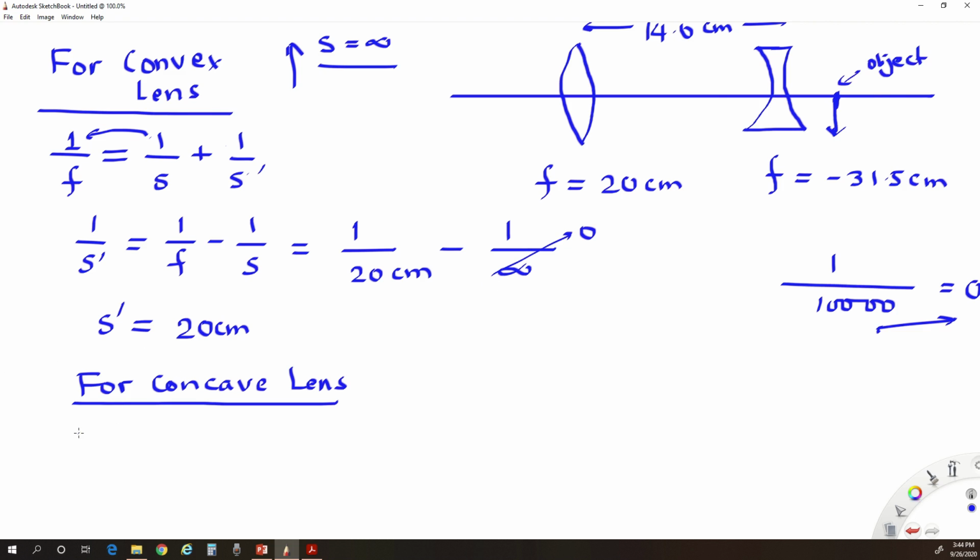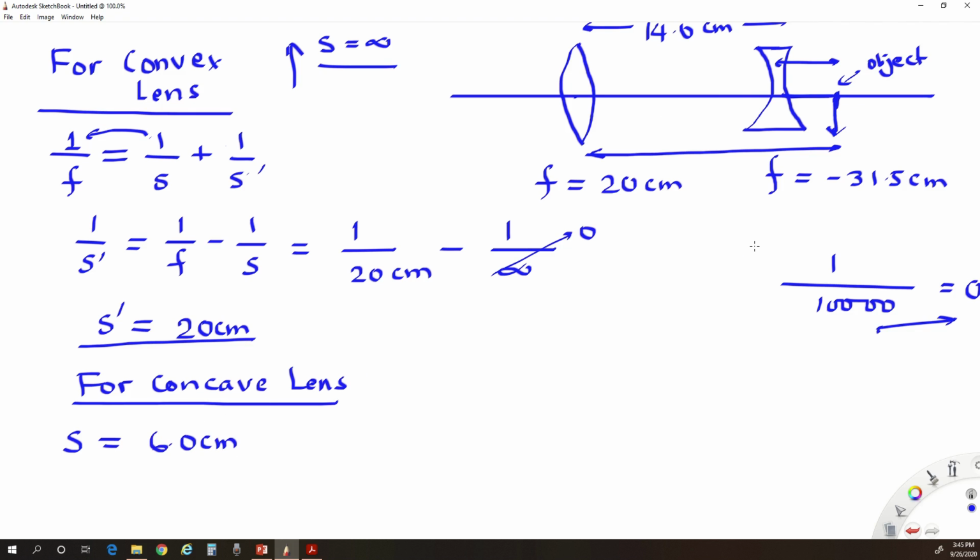That means the object distance would be the distance between the object and the lens. From here to here, we just found that that's 20 centimeters, the image distance of the convex lens. And we also know that the distance between the two lenses is 14 centimeters. So this whole thing is 20 centimeters, that part is 14 centimeters, then this part must be 20 minus 14, which is 6 centimeters. That's the object distance for the concave lens.